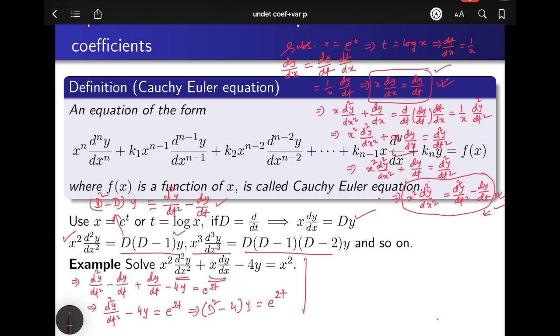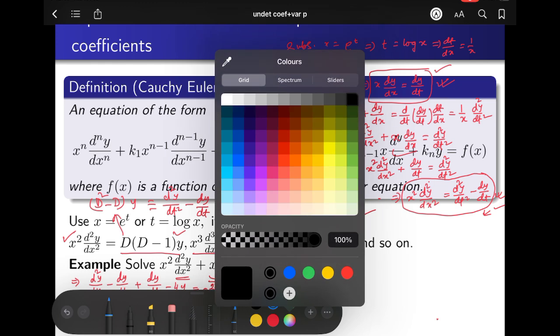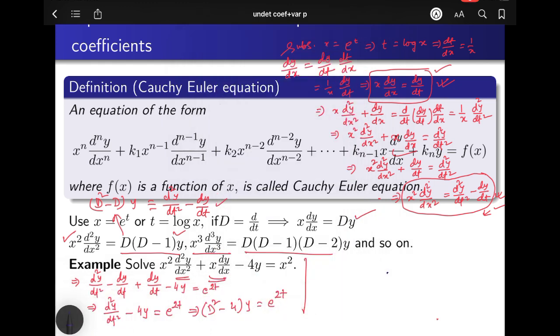Now the corresponding auxiliary equation you need to find, and then the particular integral. So the auxiliary equation is given by m square minus 4 is equal to 0.